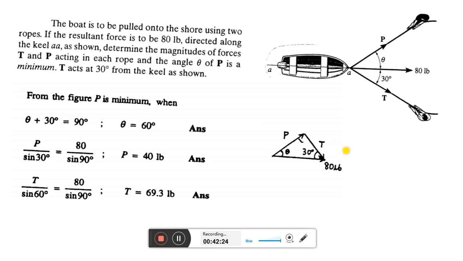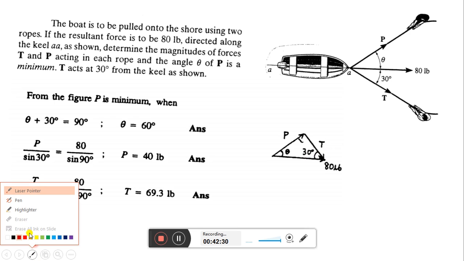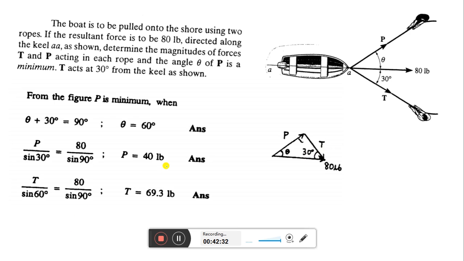So for solving this, you need to look at this diagram. So these three forces, okay, P, T, and this is 80 pounds, that is the resultant. So if 80 is the resultant of P and T, according to the triangle law of vector addition, this should constitute a triangle like this.